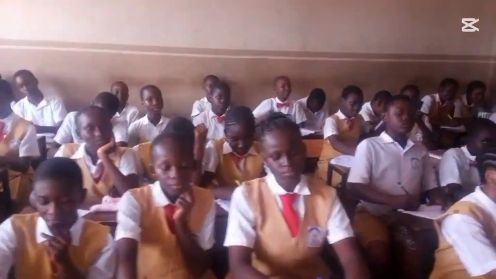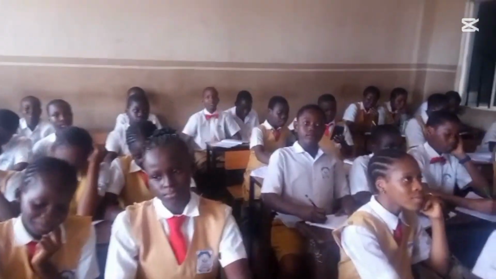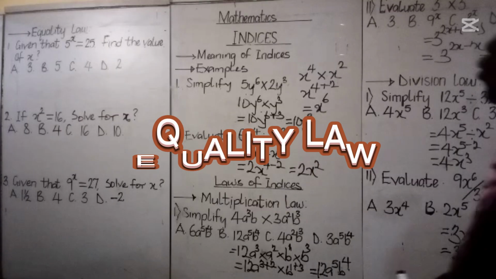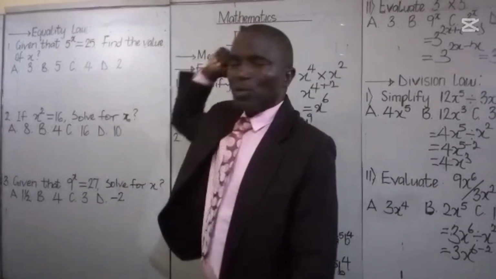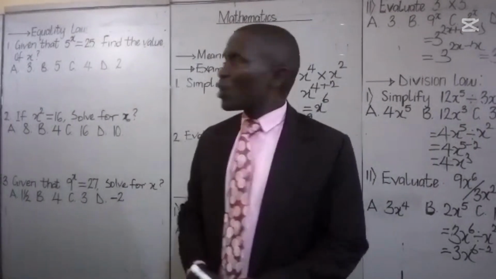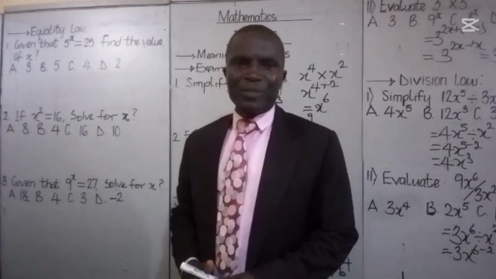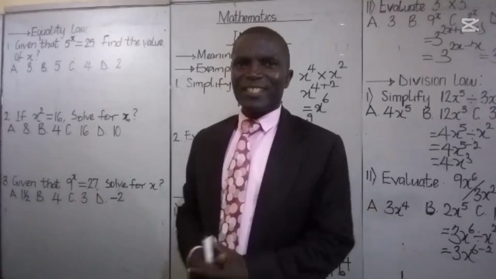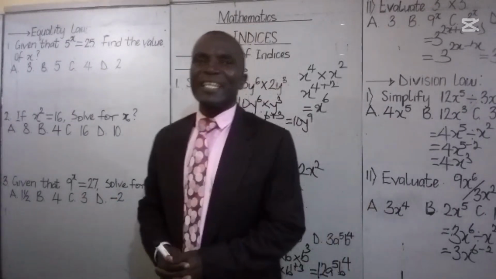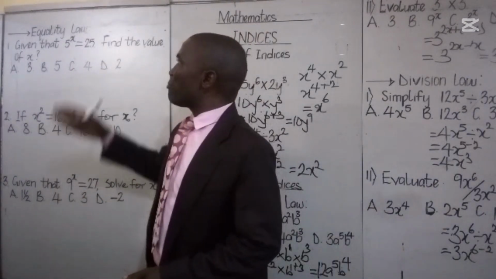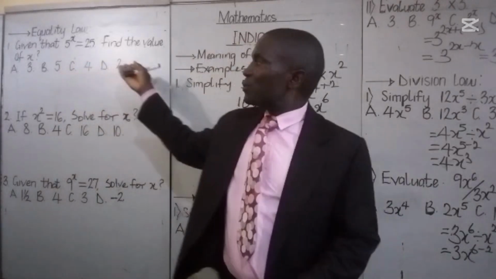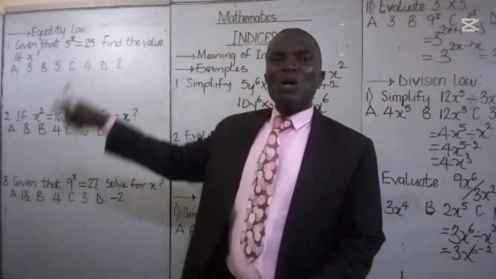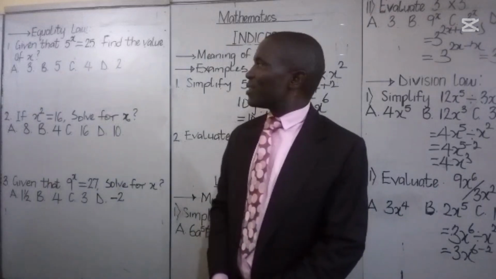And the next law we want to consider now is equality law. Equality law states that when two terms are connected by equality sign, the power or base that is so formed can cancel out each other.